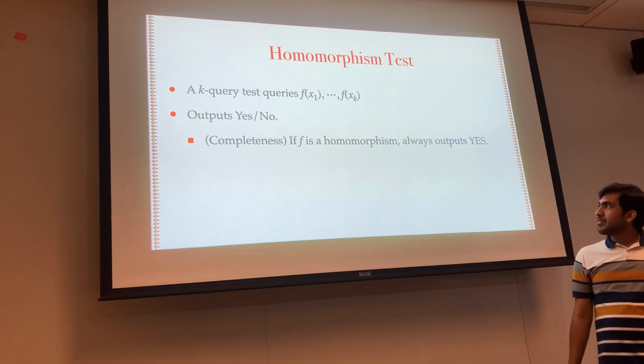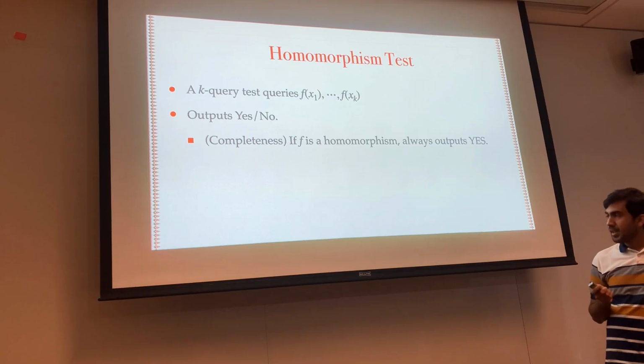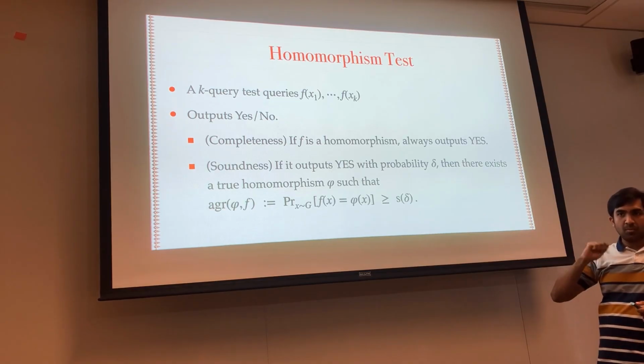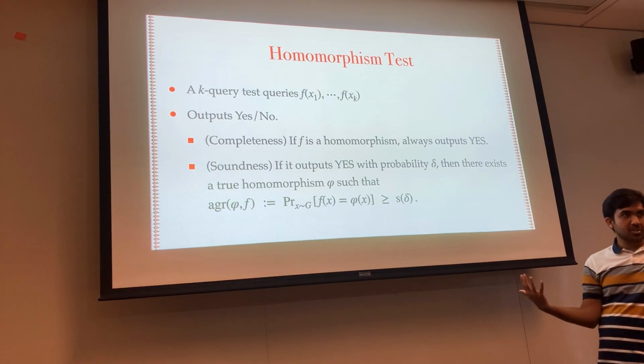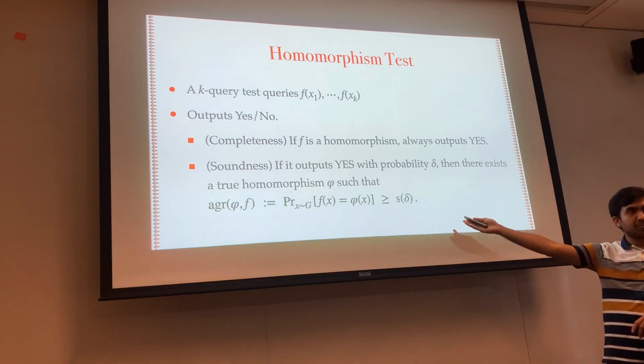Again, as before, if f is a genuine homomorphism, then you always want to accept. You don't want to reject true homomorphisms. And likewise, if you do accept, there is a chance that this could be wrong, right? Because you haven't looked at the whole function. But if you output yes with probability delta, over your choice of random bits, your random points that you're querying at, then this function must have something to do with a true homomorphism.